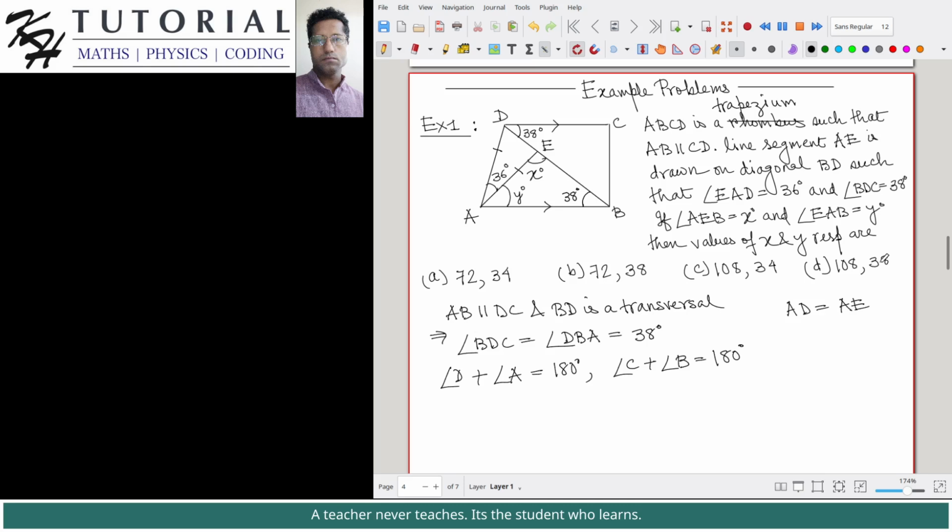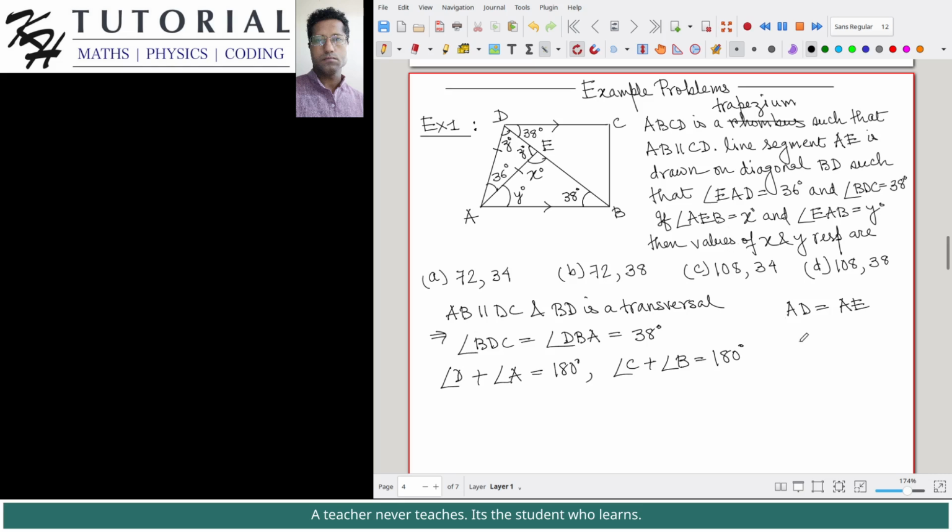So let this angle be Z degree. Since AD is equal to AE, these two angles will be equal, as the angles opposite to equal sides in an isosceles triangle are equal.